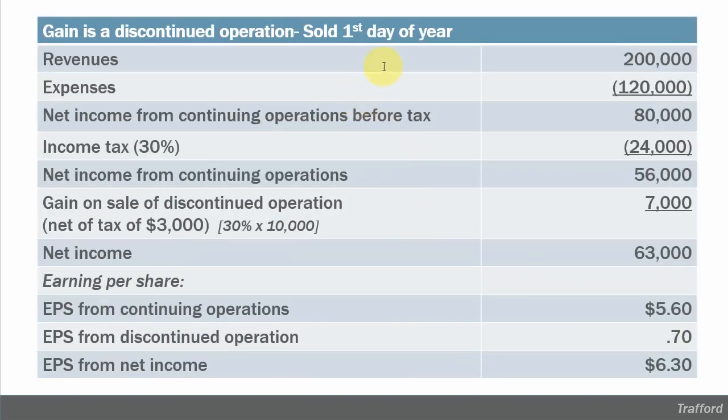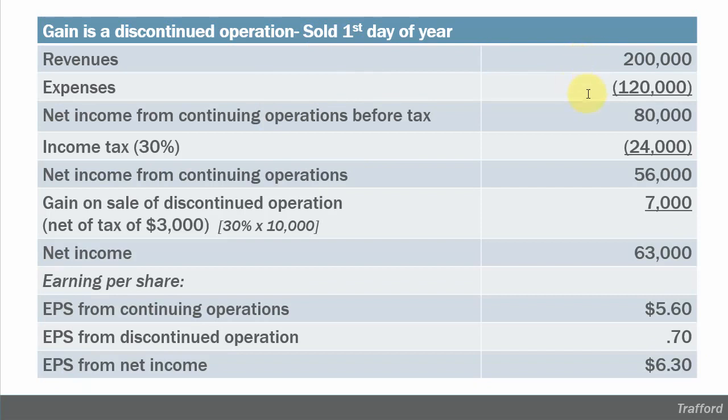Well, it's a lot longer than the other one was, so we know that one of the things we would need to do here is separate out that gain from the sale of the discontinued operation from all of our other transactions that weren't discontinued operations. So we would report the revenues and the expenses in the continuing operations section of the income statement.